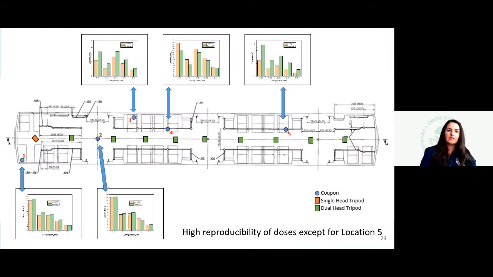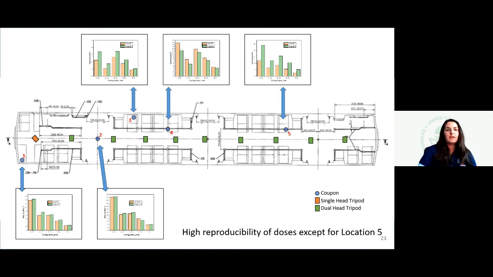So here is a figure of their experimental setup. This is one of their rail cars with the rectangles representing the light locations and the blue circles representing the locations where the coupons were placed, and again where the dose measurements were taken throughout this field test. So in addition to having the coupon out where the dose was measured for each test condition, those data are recorded for each of these figures.